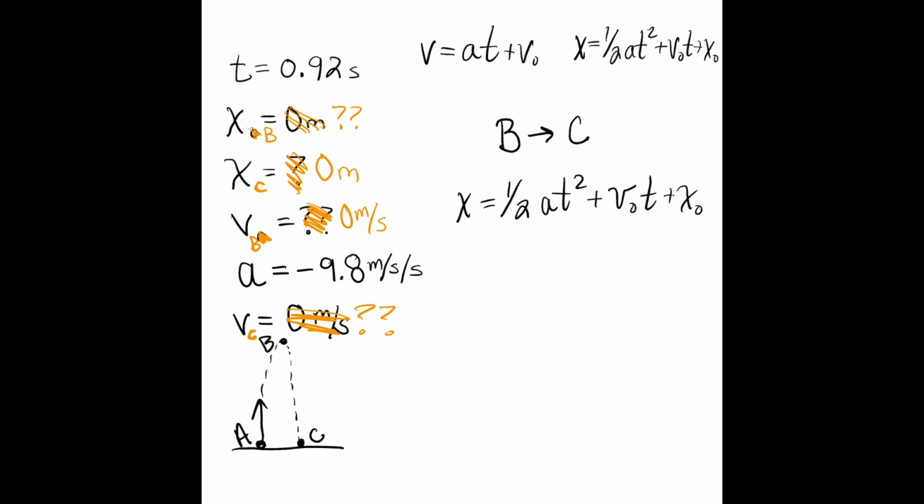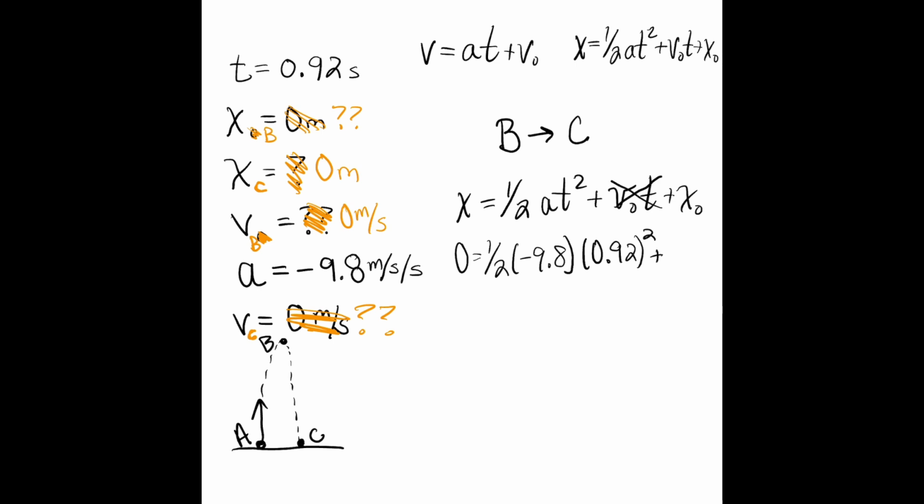My final position at C is 0. The acceleration of an object in free fall here on Earth is 9.8 meters per second squared. The time it takes, we wrote down as 0.92. The initial velocity, the velocity at point B, is 0, because that's at the max height.